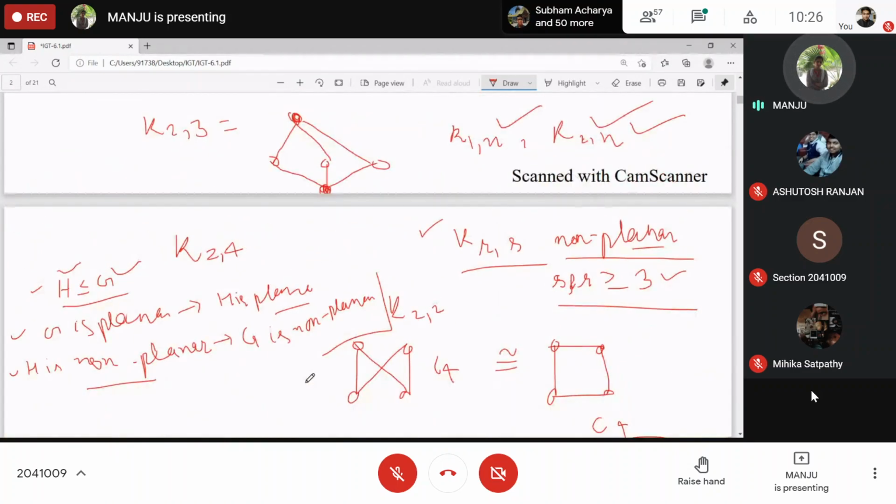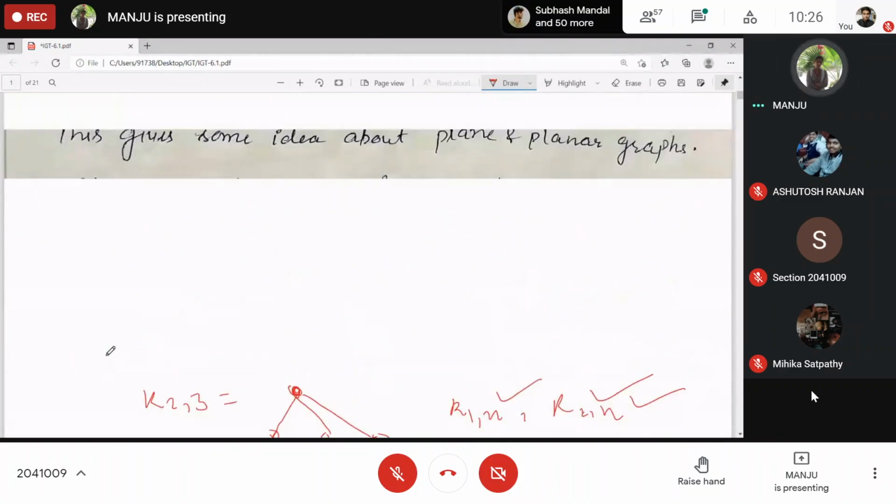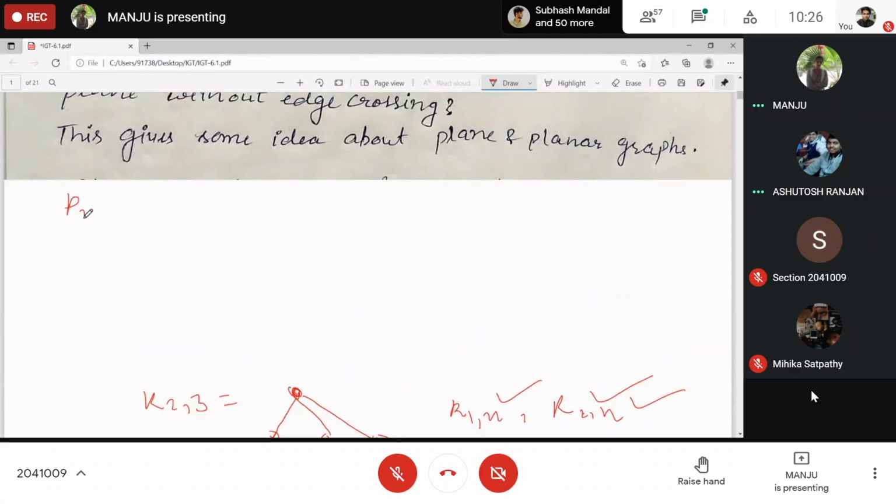What about complete graphs? PN is planar, CN is planar. K1n minus 1 or K1n is also planar. Krs, whenever r and s are both greater than or equal to 3, is non-planar, otherwise it is planar.